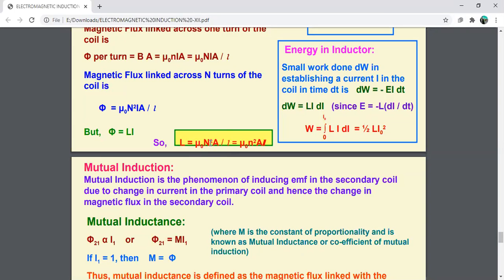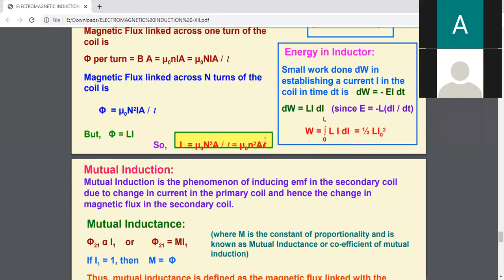And if you multiply and divide by L on both sides, then instead of capital N you will have small n, and hence mu naught n square A into L. So I think you must have understood well.